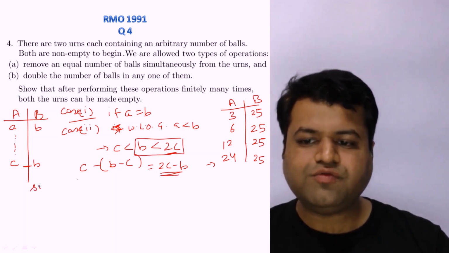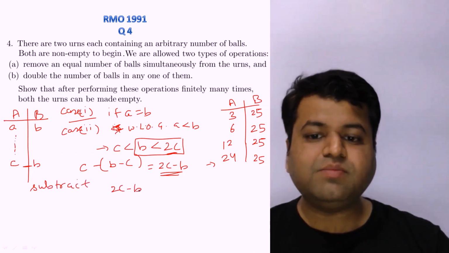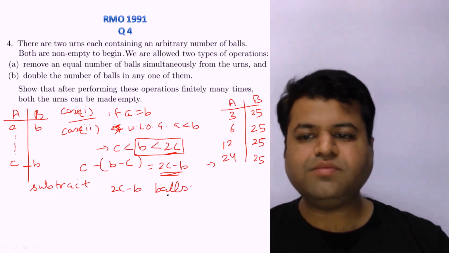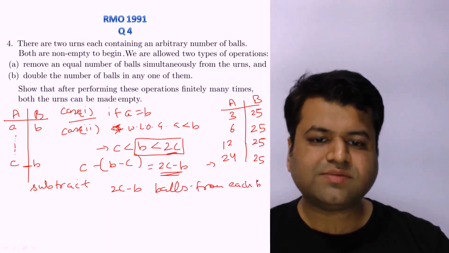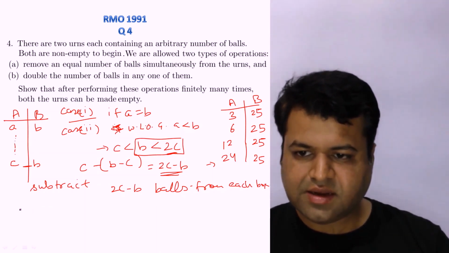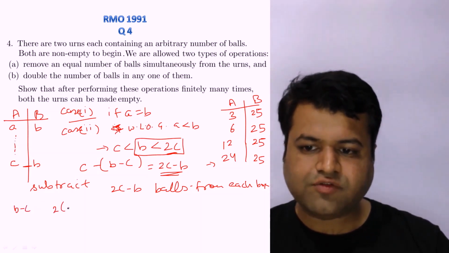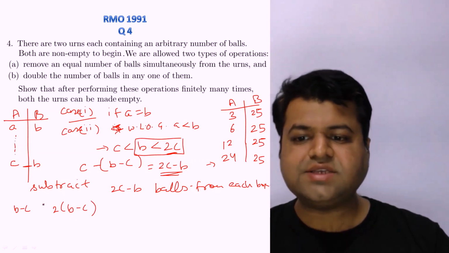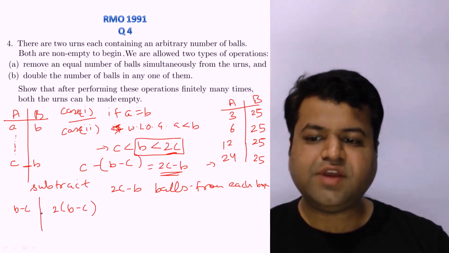So we will simply subtract 2C minus B balls from each of the boxes, right? So we will get here simply B minus C, and here we will get twice B minus C, as I told you quite early on in the examples, okay? This is what we have reached.